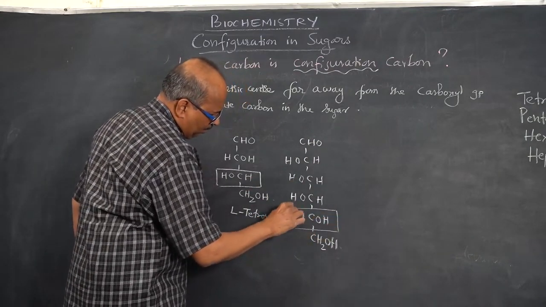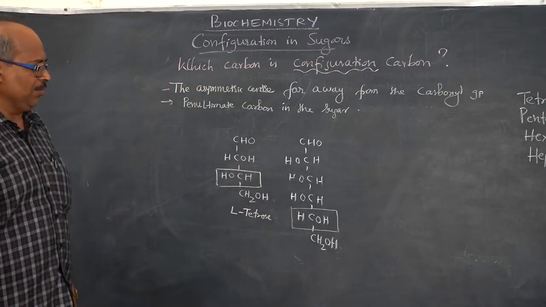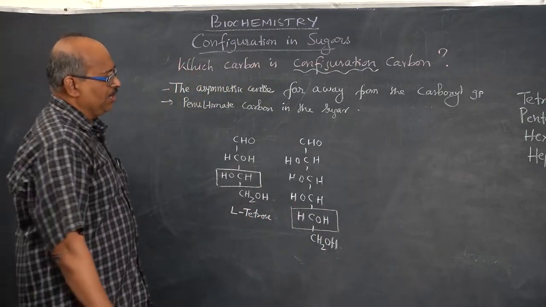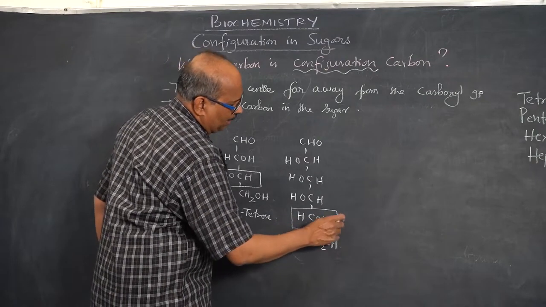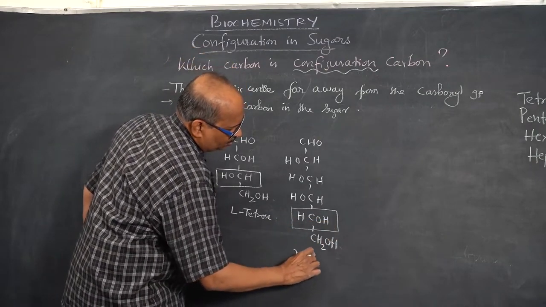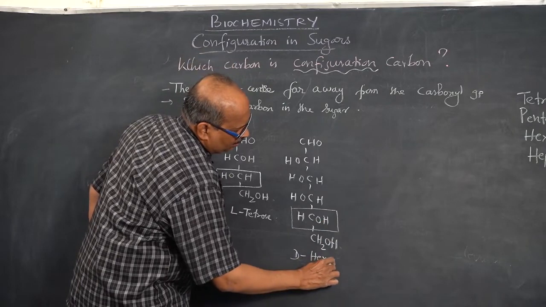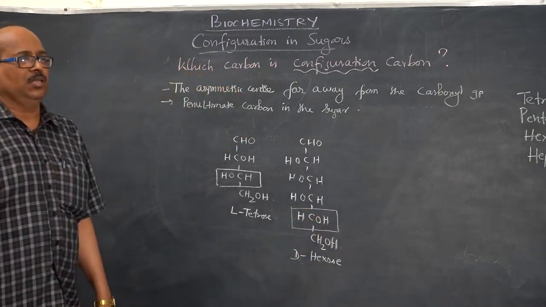The penultimate carbon atom will become configuration carbon. It has OH group on the right side. So this will be D-hexose.